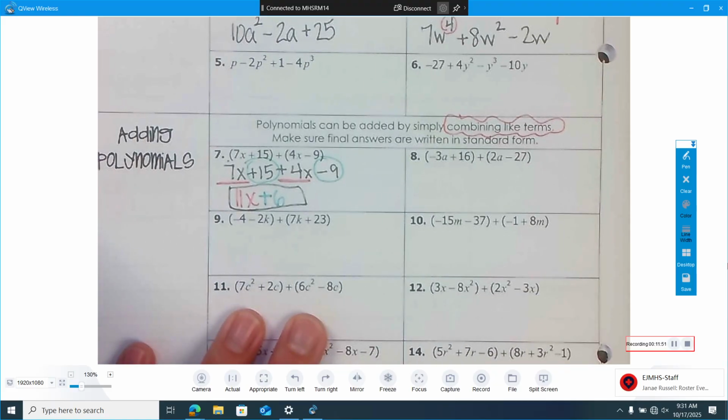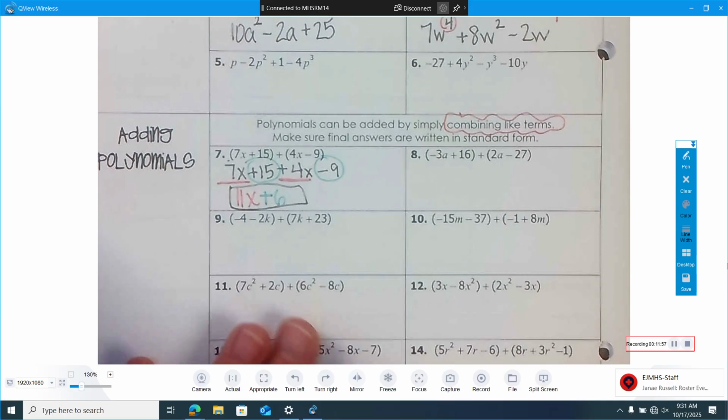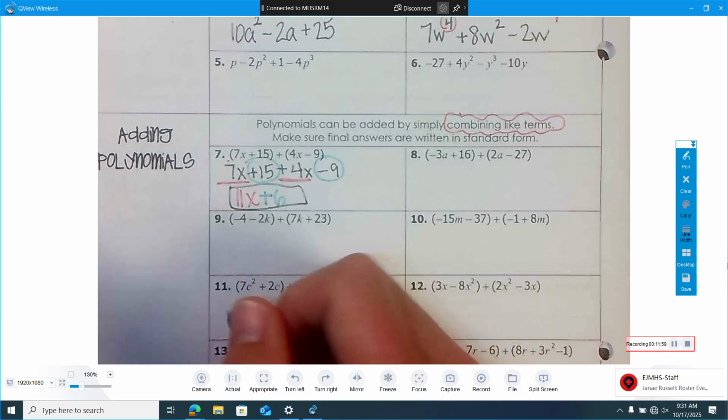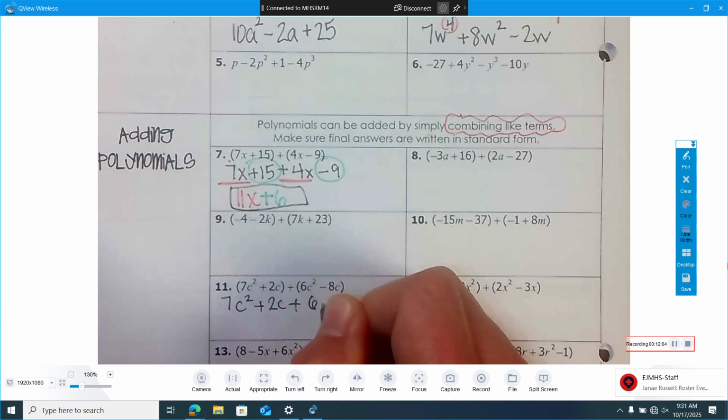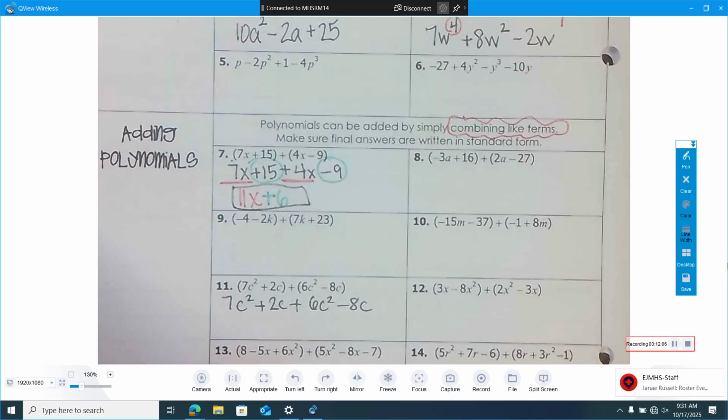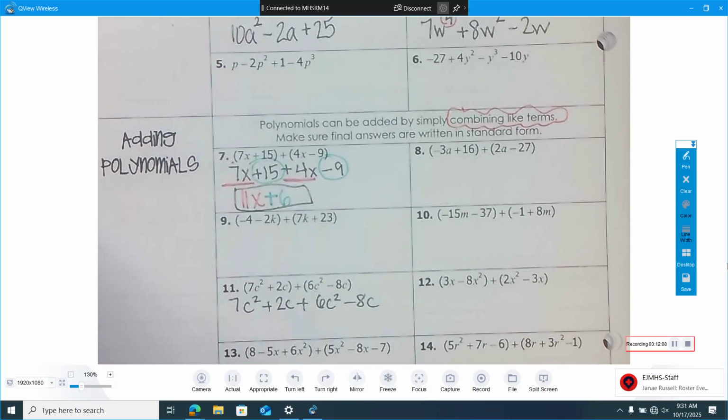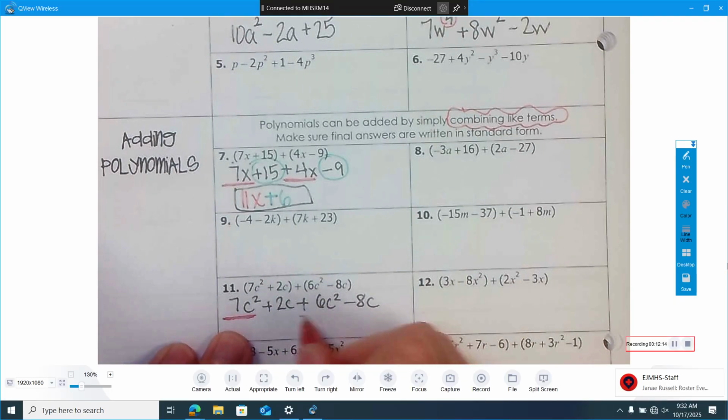Are my parentheses doing anything for us, Stevie? No, they're not. So I'm just going to drop those parentheses. 7c squared plus 2c plus 6c squared minus 8c. And then all we need to do are find the like terms. 7c squared is similar to what other term? Good. They have matching variables.